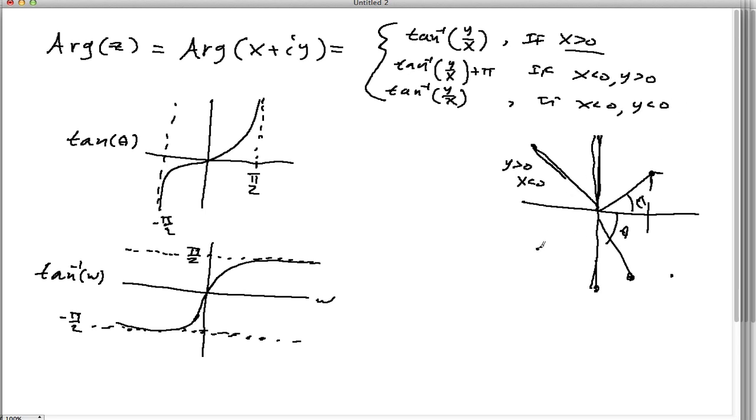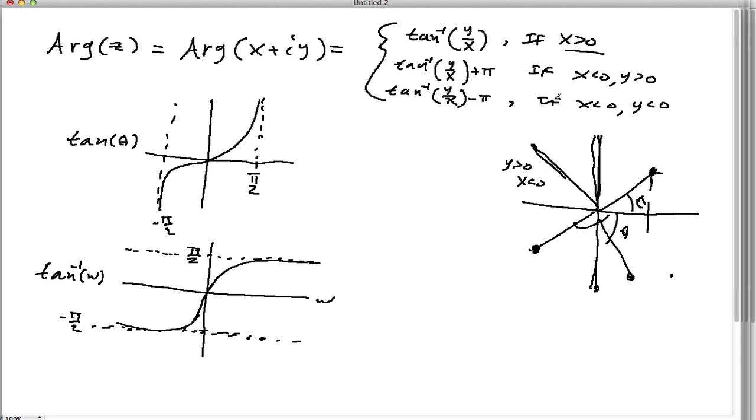Well, in that case you're over here, and the number that gets spit out of tangent inverse of y over x will be positive, as if it were looking at that complex number over there. The problem then, of course, is we need to subtract pi from it.